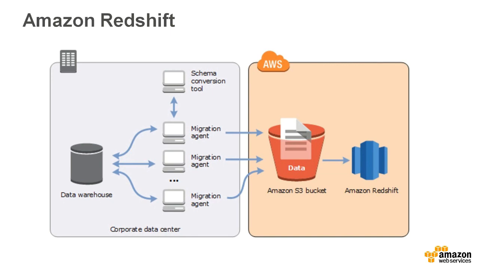We will define the schema conversion tool, establish certain migration agents, then the migration agents pass our data to an Amazon S3 bucket, that is object storage, and after your data is passed to the S3 bucket, it is shifted to Amazon Redshift, the data warehouse.